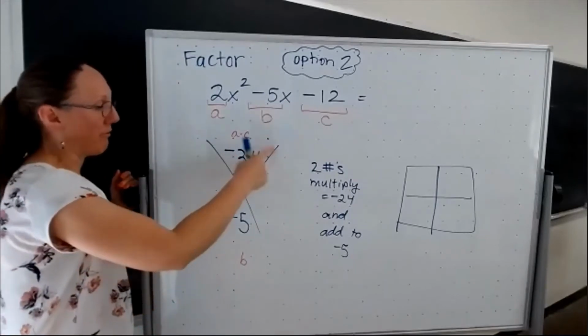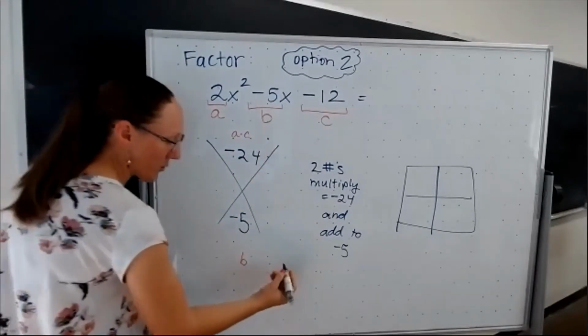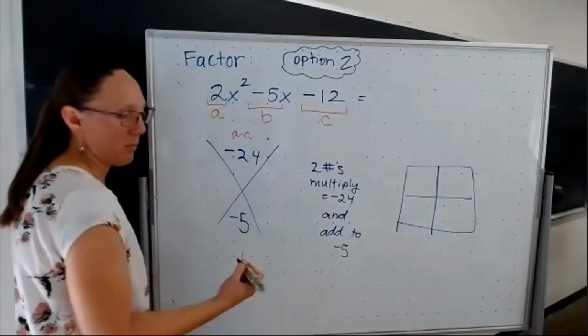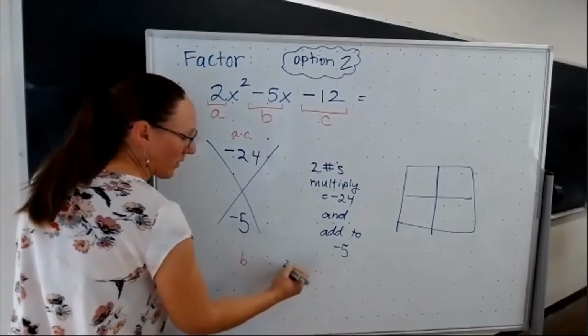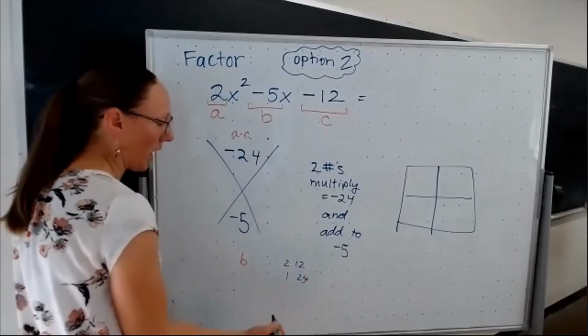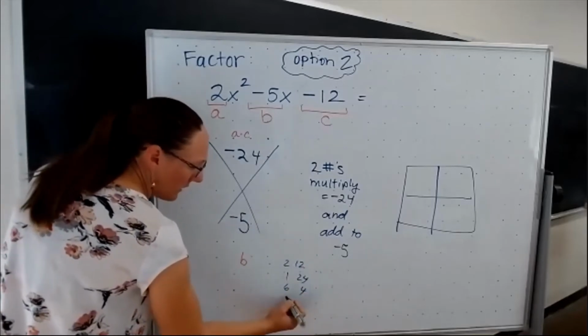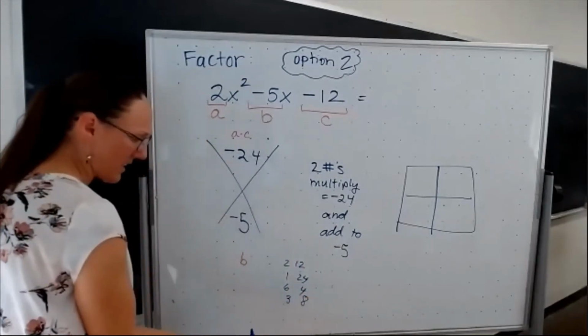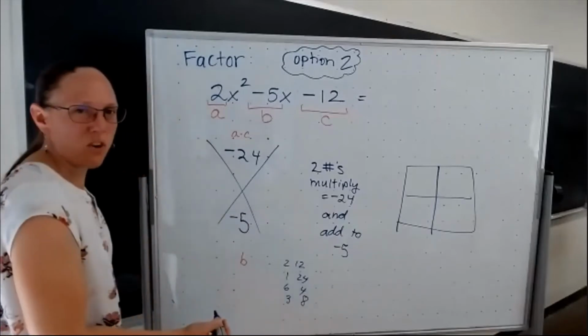So I'm thinking about factors of negative 24. So what are my factors of negative 24? And I'm not going to worry about the pluses and minuses just yet, but if I think about 24, 24 is 2 times 12. I guess it's 1 times 24. 6 times 4, 3 times 8.